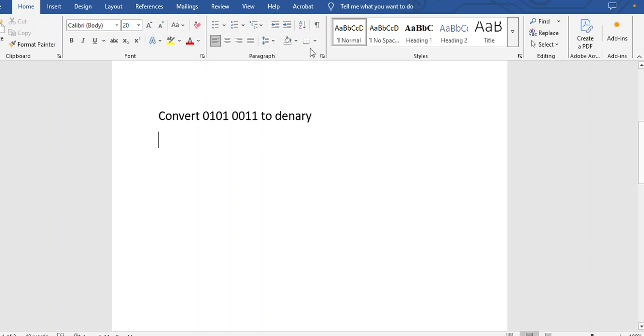To convert this kind of number to its denary equivalent, you draw a table. The number has 8 digits, so you draw a table with 8 columns.